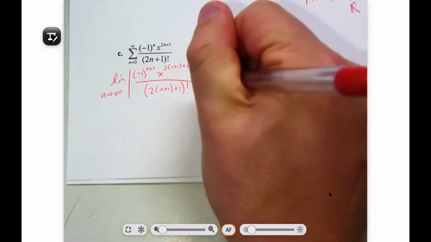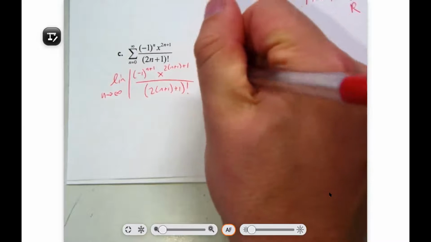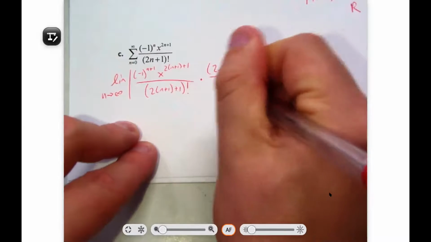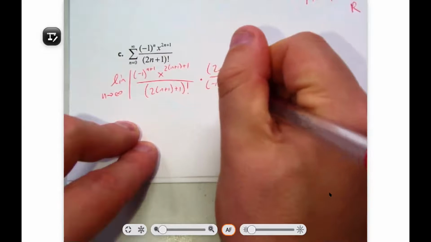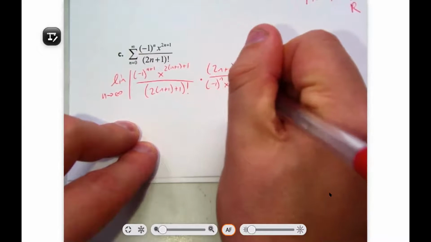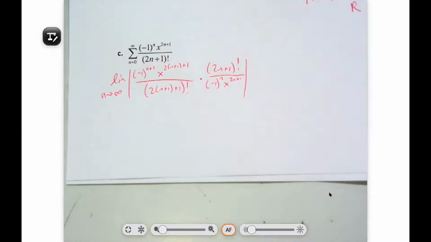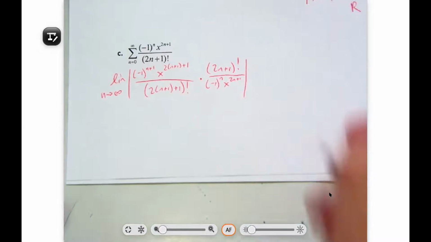We'll clean that up here in a second. The nice thing with the ratio test is anytime you have that negative 1, that alternating component, the absolute value just makes that go away. So that's nice. And then we're going to clean this up a little bit.